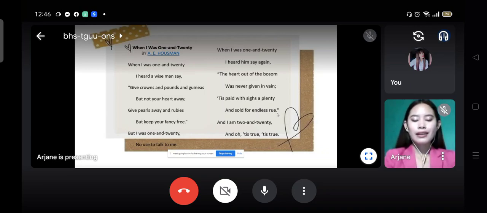He advised the speaker that when falling in love, you can give crowns and pounds and guineas, pearls and rubies, or all materialistic things that you can offer, but not your heart, because it will hurt you or cause too much pain. So that's how the wise man advised the speaker, but the speaker did not follow.